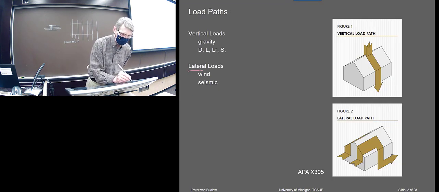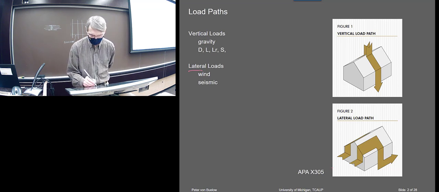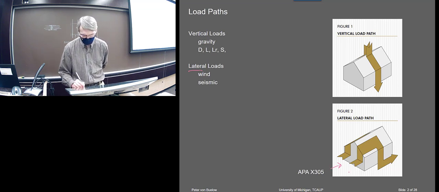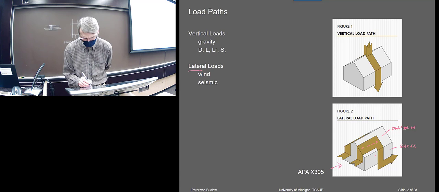What we mean by lateral loads would obviously be a wind load, or it could be seismic. What they've drawn, of course, is wind, and it would be transferred through a diaphragm and then onto a shear panel. So this might be considered the diaphragm, and this would be the shear wall.